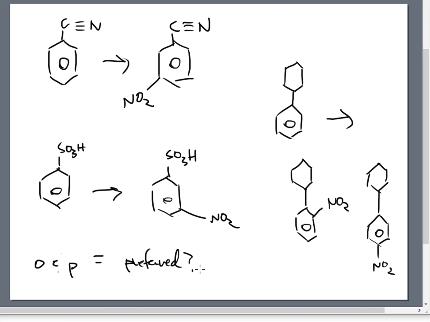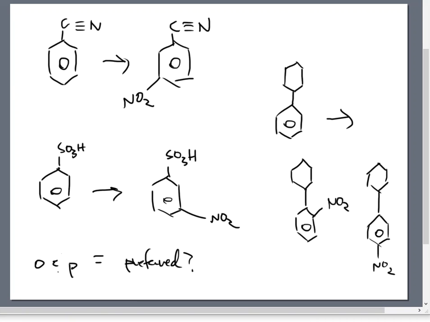Meta, I don't have a choice. It's just what it's going to be. It's going to go there. Move on. But when O and P has a possibility of forming, does the molecule prefer one over the other? And the answer is yes, it does.